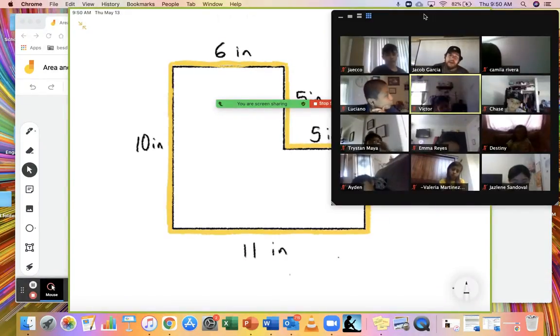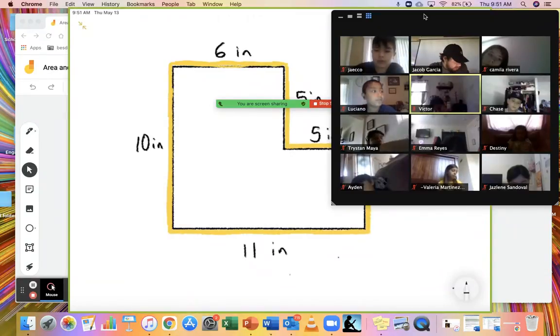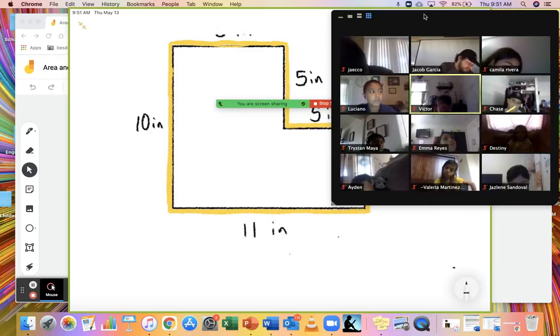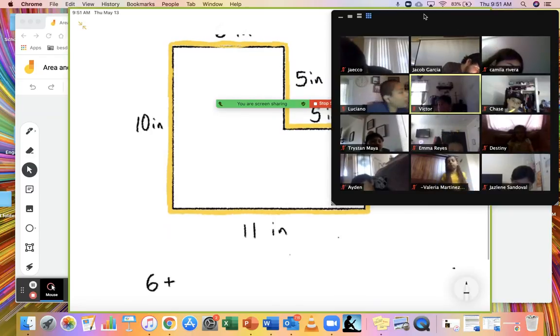And just go ahead and add all the sides together. I'll give you 30 seconds. Add them together, and then we'll go ahead and have one of our people who haven't spoken today yet give us their answer for perimeter. So go ahead. Go ahead and find the perimeter, which again we've already established is just adding all of these together.